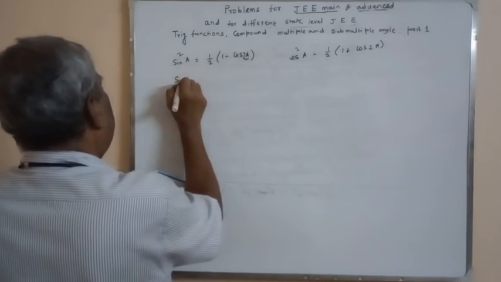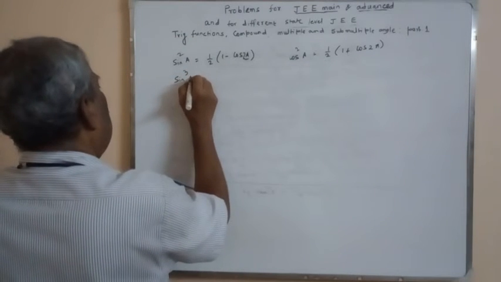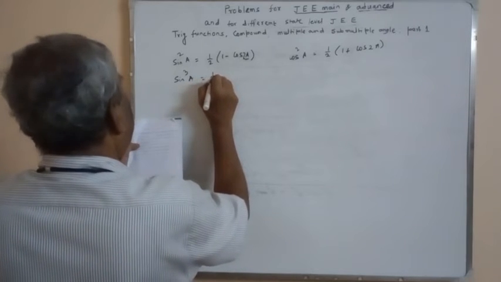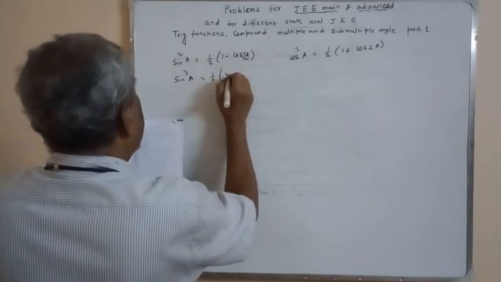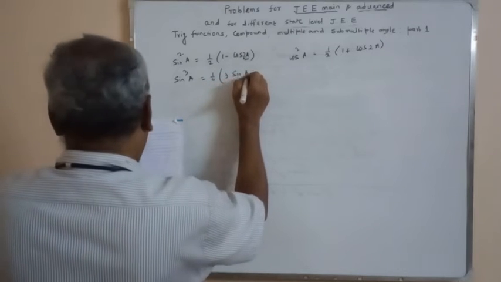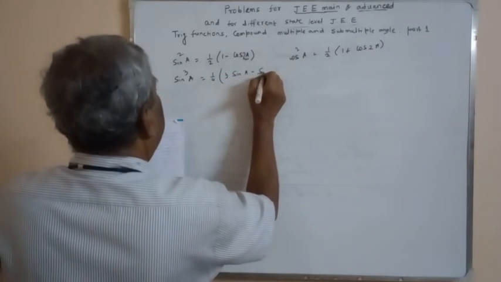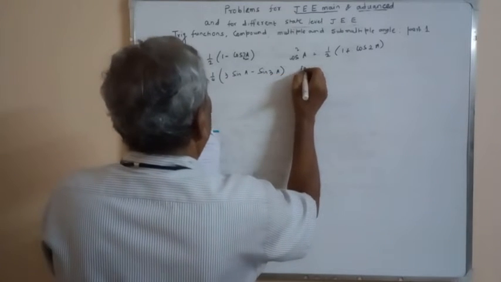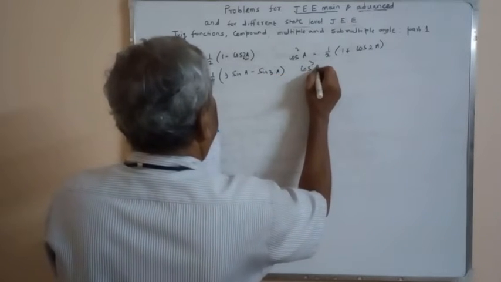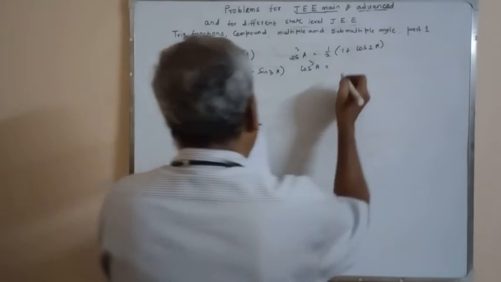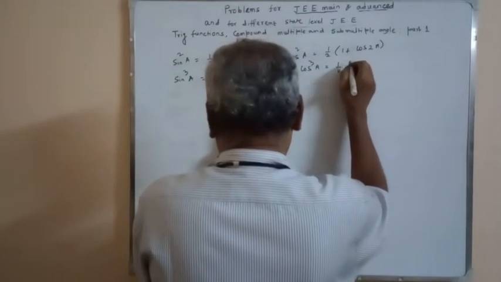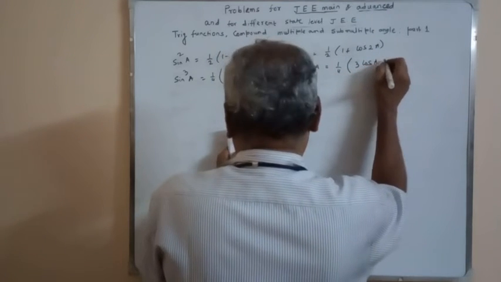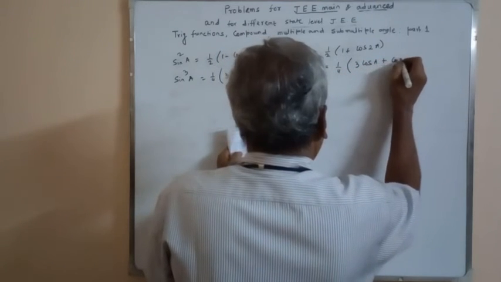Sine cube A, this is also very important. It is equal to 1 by 4 into 3 sine A minus sine 3A. Cos cube A is 1 by 4 into 3 cos A plus cos 3A.